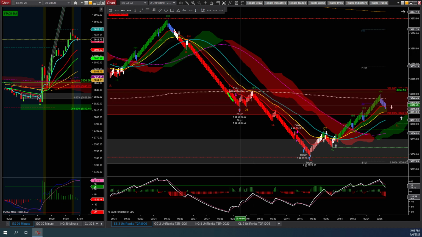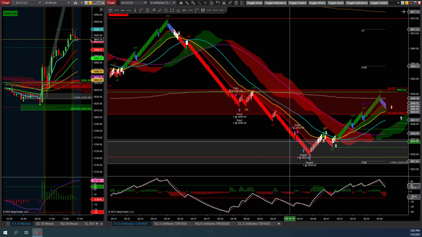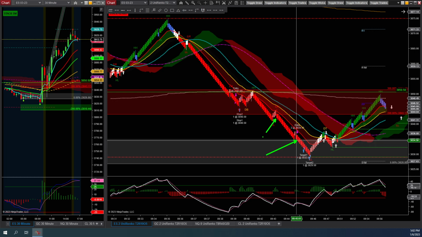Then the market kept moving sideways. There's another nice entry there that I didn't take, but I took this one right here when it already moved. So a little bit erratic. My entry should have been there, and since I saw this up, down, up, and then the other one should have been there as well.